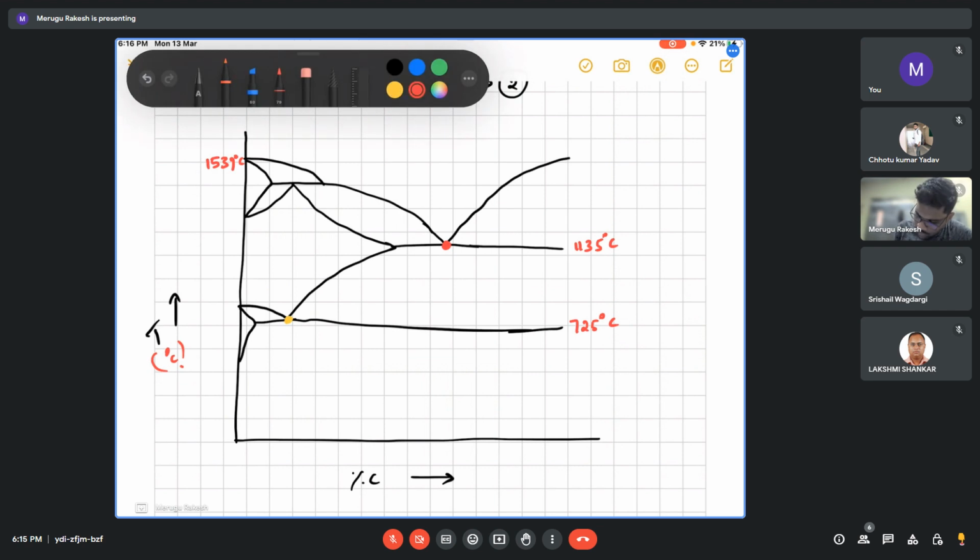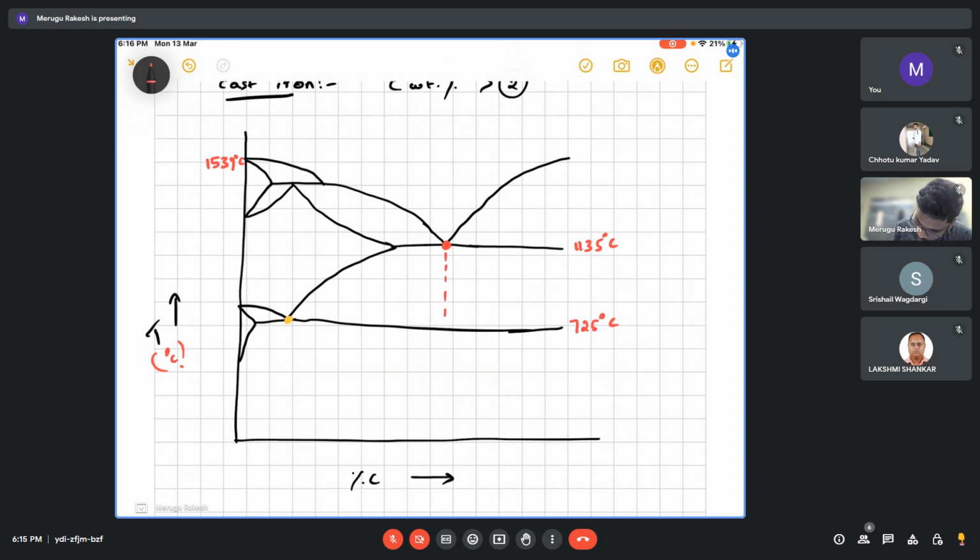This is the eutectic point, in which we have gamma austenite plus liquid.